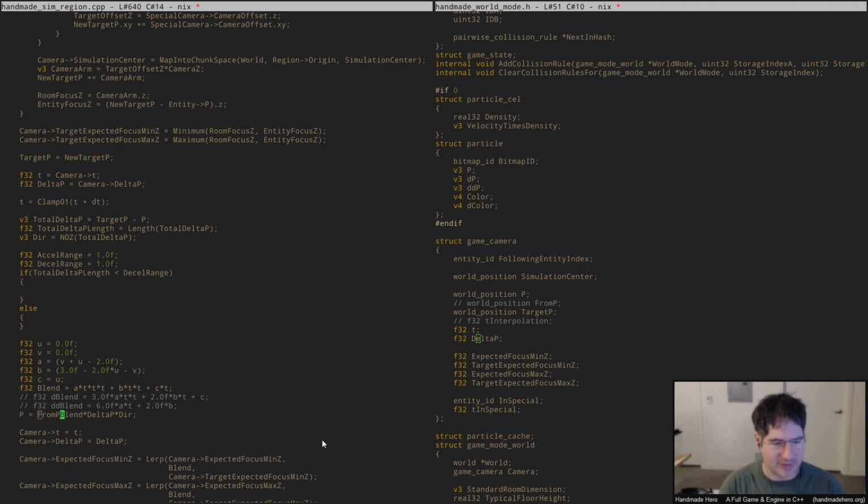We don't have from P here, and it's not actually this, because if it was that, then this delta P value would have had to have changed, I guess is the way to look at it. Yeah, I don't know.